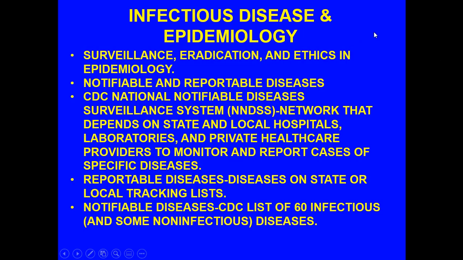Now, we've got to bring down a few more points as we finish up here. Surveillance, eradication, and ethics in epidemiology. There are a series of notifiable and reportable diseases. Actually, Congress funds that state agencies report to a central distribution about 40 different communicable diseases.